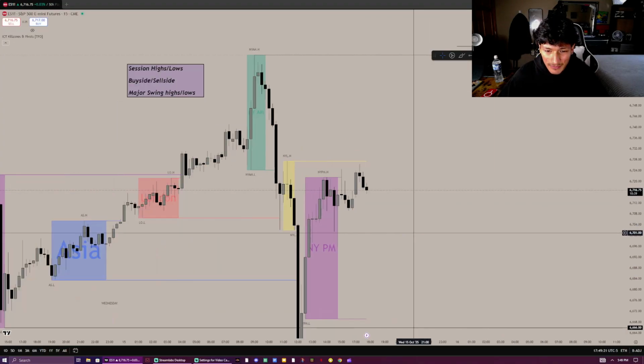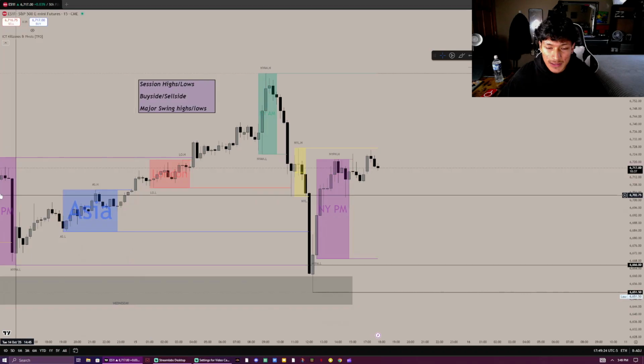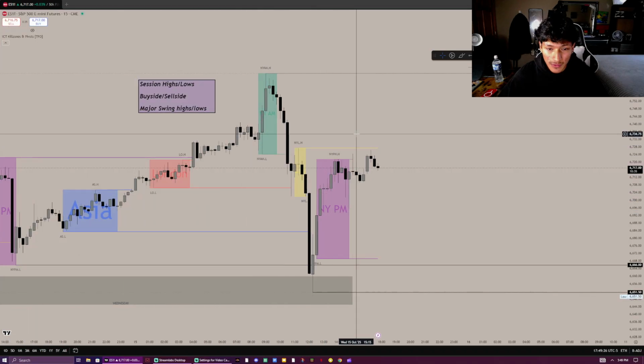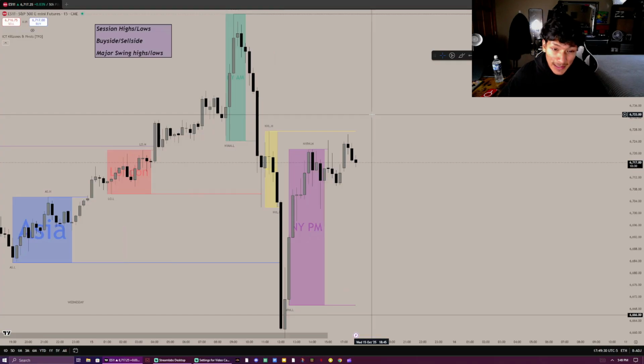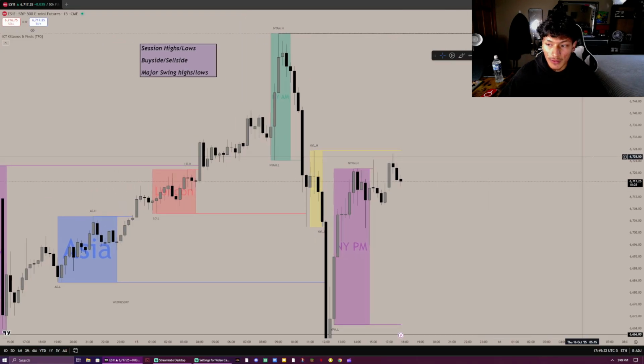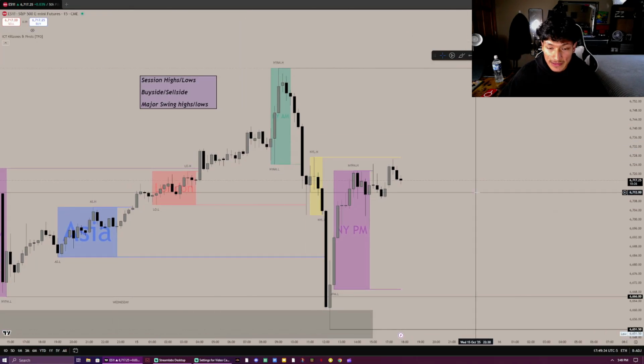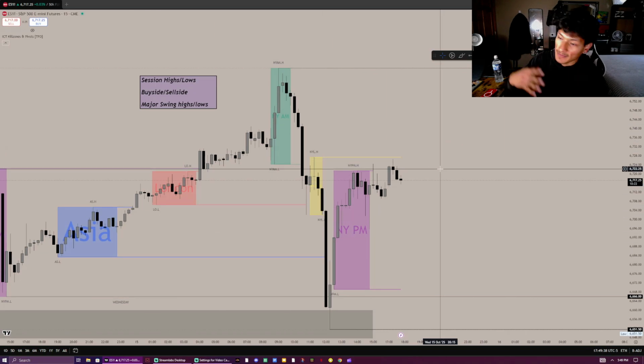Like I said, I am not a mastermind at liquidity, but I do understand high quality versus low quality liquidity. That's why my DOL, my draw on liquidity, is 99% accurate. I know where we're going to be going by the end of the day or the end of the session because I know what the draw on liquidity is. My problem is I execute a bit poorly. Sometimes I'm not patient enough, or sometimes I over leverage or under leverage.